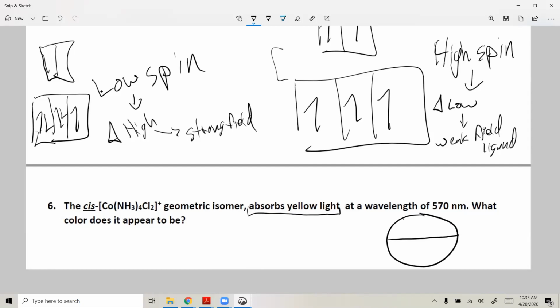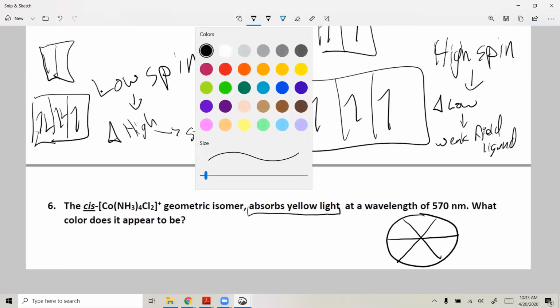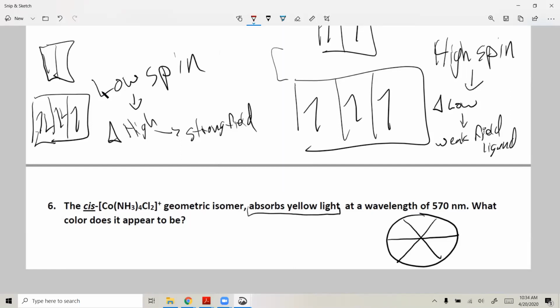So we're going to make this pizza pie with kind of 6 different slices. This is going to take our visible light range, and we're going to get the complementary colors that we see from that visible light. And as you walk through it, the shorthand name is Roy G. Biv.